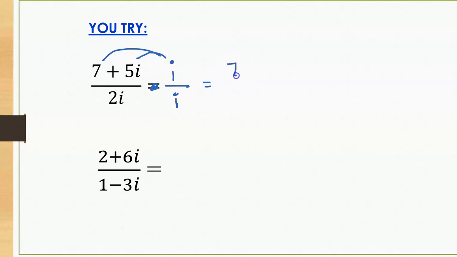So that's going to give me 7i plus 5i squared divided by 2i squared. But we know that i squared is secretly negative 1.